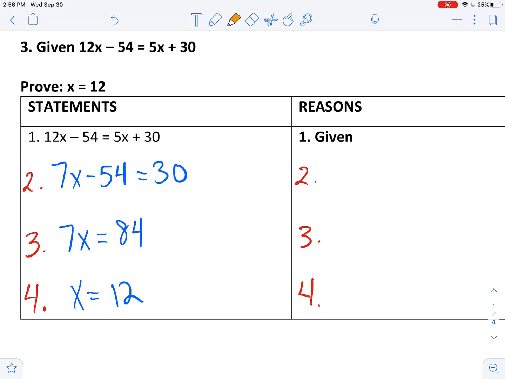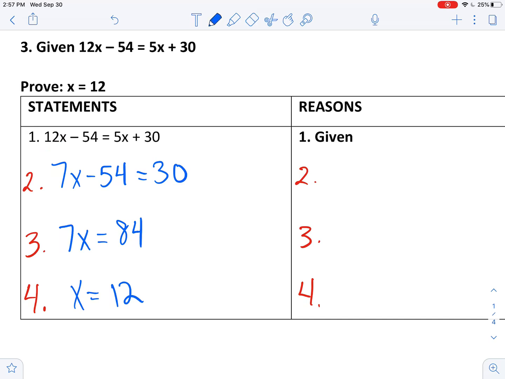Now let's see what I did to go from my given statement to my second line. It looks like I went from 12x on one side and 5x on the other, to a 7x.